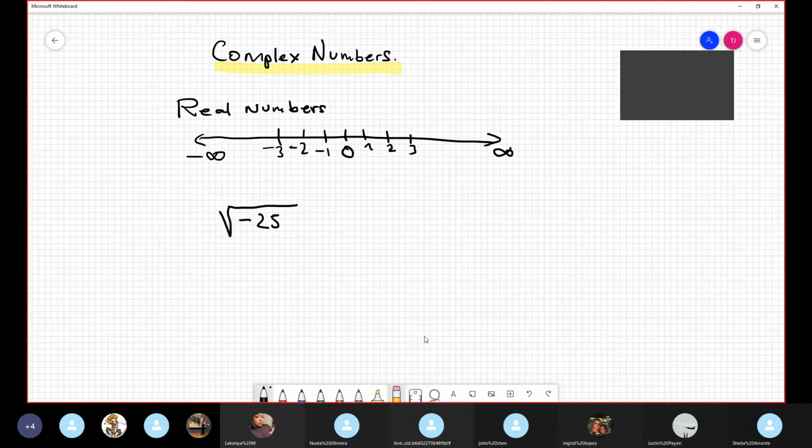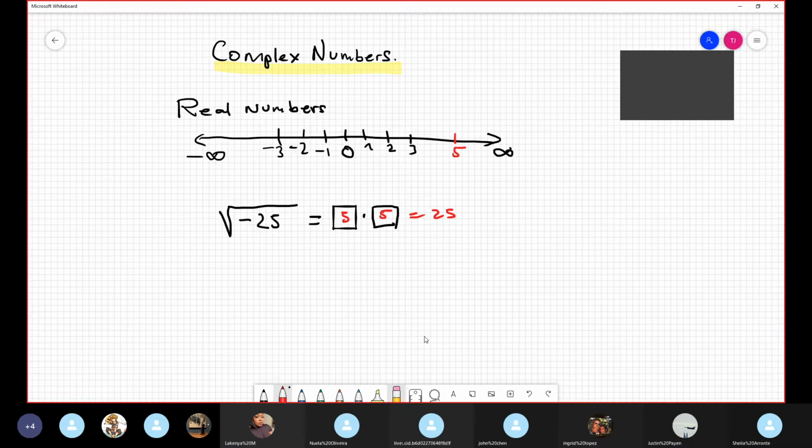I have no idea, but I know that a square root is a number that, multiplied by itself, gives me the number inside the radical, which is negative 25. Well, I believe 5, because 5 times 5, but 5 times 5 is 25, not negative 25.